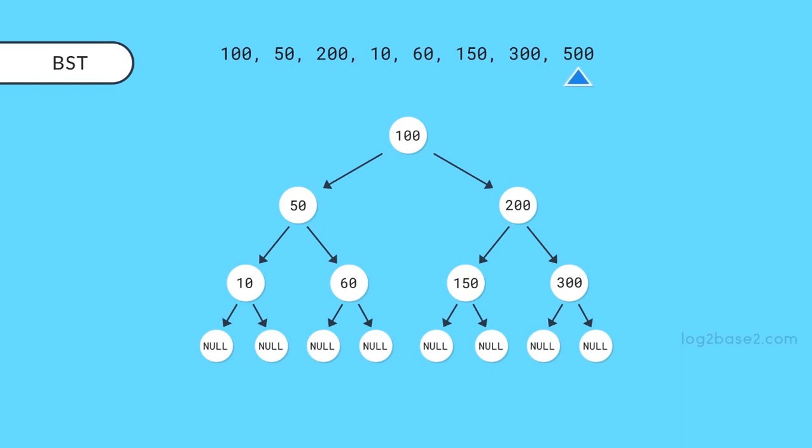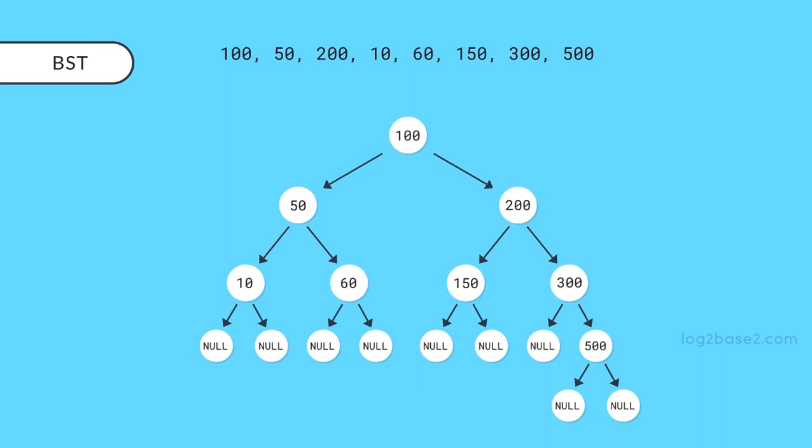Next we have 500 and 500 is greater than 100 and greater than 200 and greater than 300. So it becomes the right child of 300. So that is how we can insert nodes to binary search tree. And see, the minimum value 10 is the leftmost node and the maximum value 500 is the rightmost node.